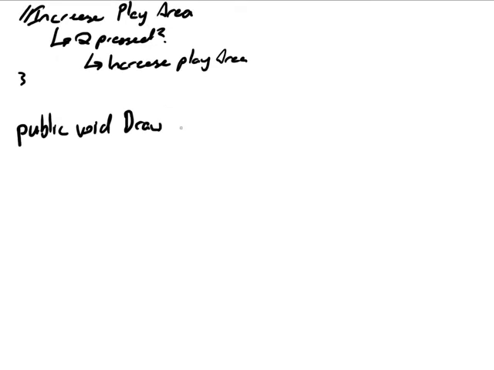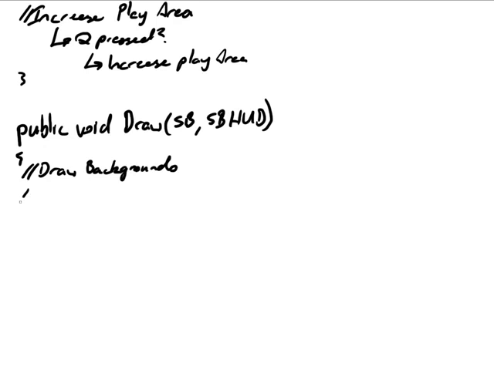Now our level takes in both sprite batch and sprite batch HUD. All it does is loop through all of our background items list and draw them, and draw our actors.